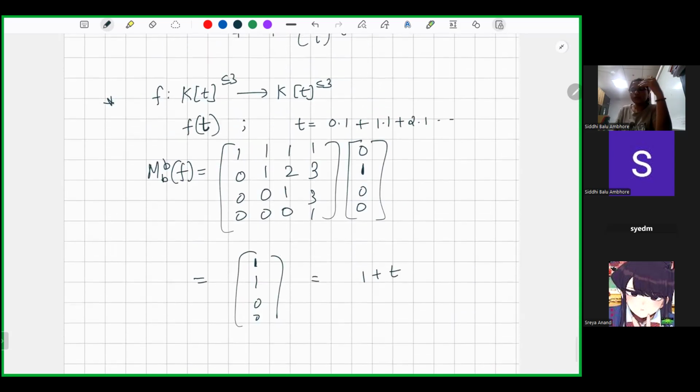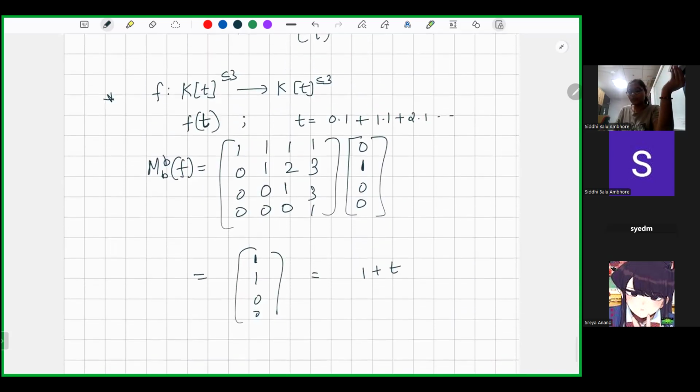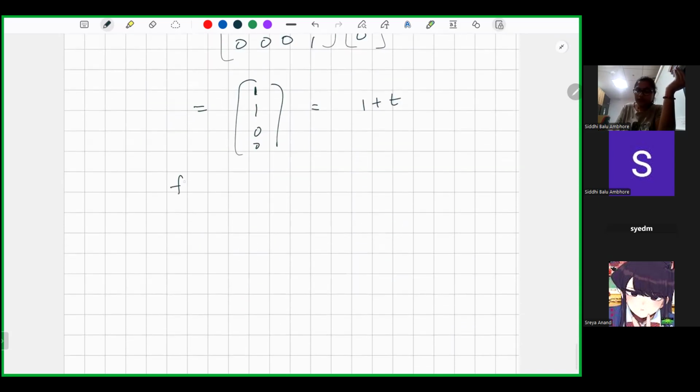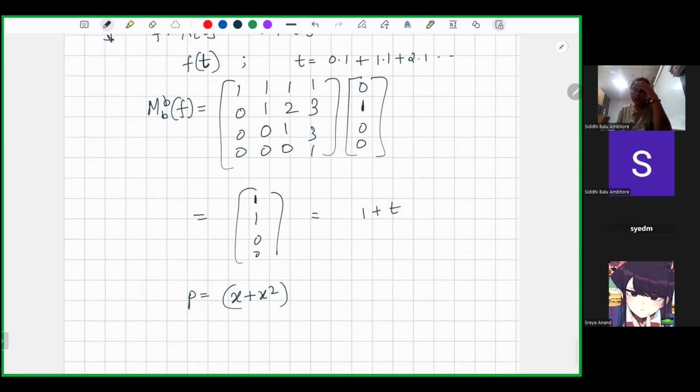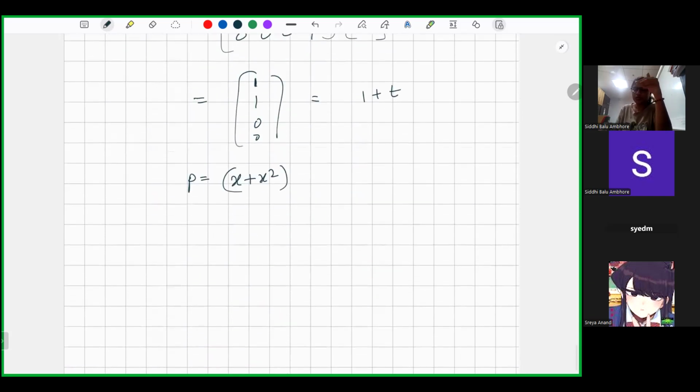So for example, if you want to check this with some non-trivial polynomial, suppose I take my polynomial p to be x plus x square, since we are in polynomials of degree less than or equal to 3. The degree of a polynomial won't change, so it doesn't matter. Suppose x plus x square, or t plus t square.